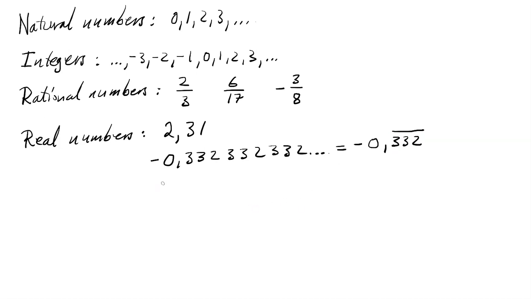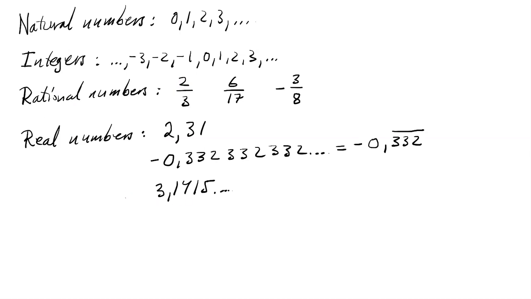And then we can also have numbers like pi, for example. 3.1415, that have an infinite sequence that will never repeat itself. So all numbers that can be written as decimal numbers are real numbers. And then the rational numbers are only a subset of the real numbers, because there are some real numbers that can't be written as a fraction of 2 integers.